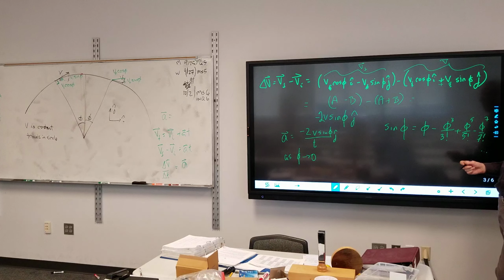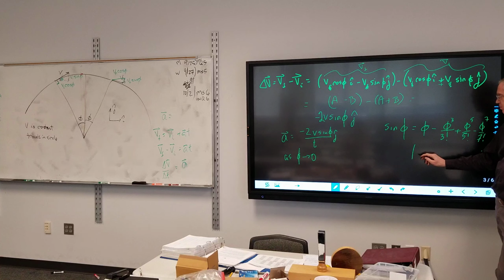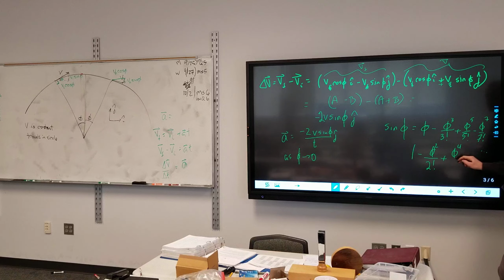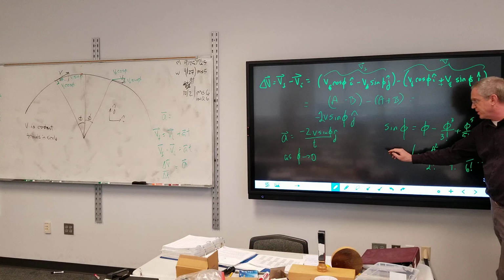If you take the derivative of it, you would get 1 minus, well, the 3 would come down, so you get phi squared, and that 3 would cancel out with the 3 there, so you'd end up with 2 factorial, plus phi to the 4th over 4 factorial minus phi to the 6th over 6 factorial, and so forth. This is the derivative, and the derivative of sine is cosine.